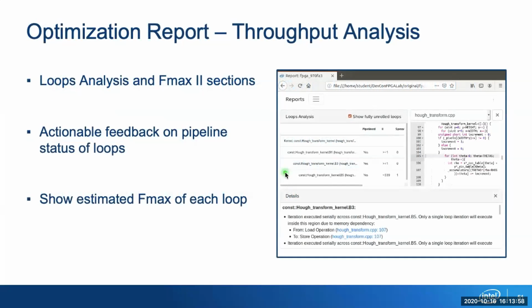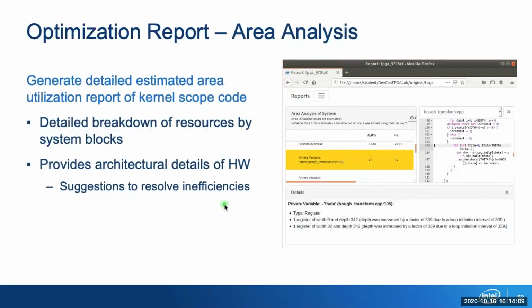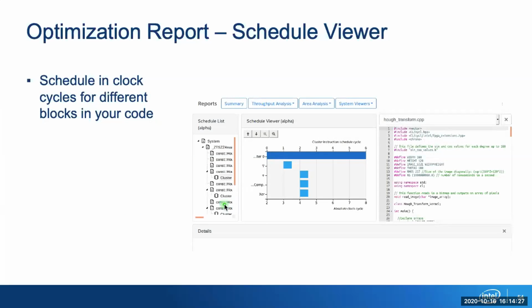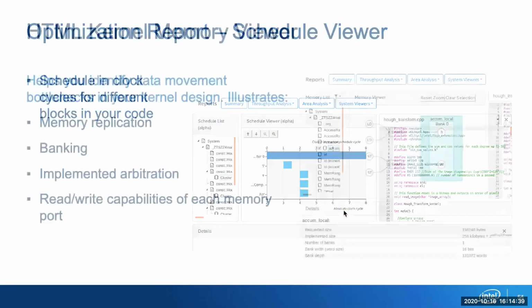And we have a throughput analysis. It's about the initiation interval and maximum frequency. We also have area analysis, how much space your code allocates in the device. We have a nice graph viewer of the hardware, which is very useful. And we also have a schedule viewer to see operations of the hardware along the time, along the clock cycles.